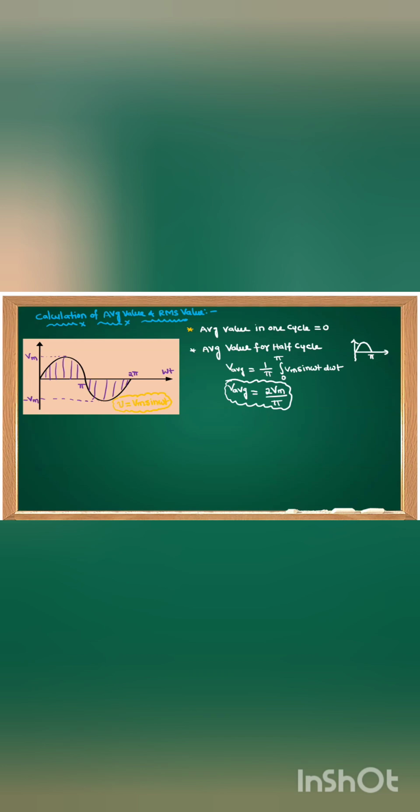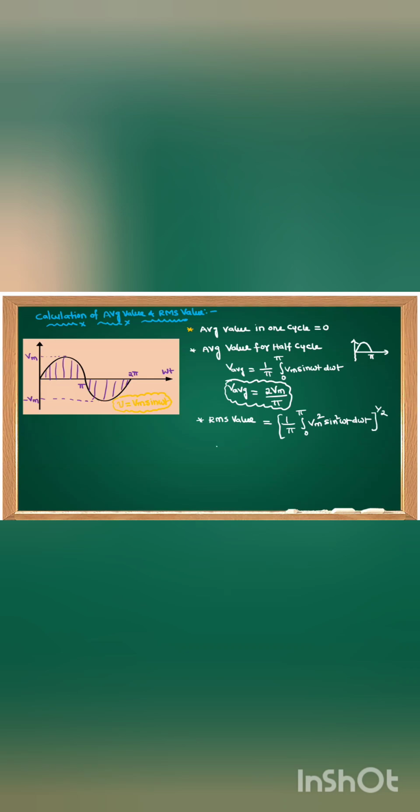Next, what is the RMS value? RMS value is root mean square value. If you calculate this, it is 1 by pi integral 0 to pi of the squared function, Vm square sin square omega t d omega t, whole to the power of 1 by 2.